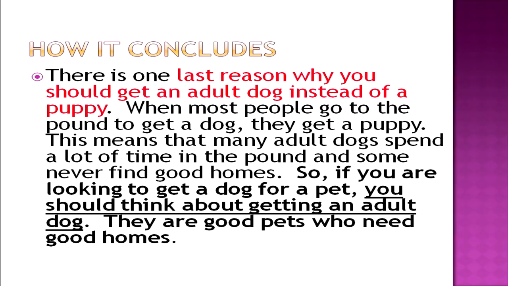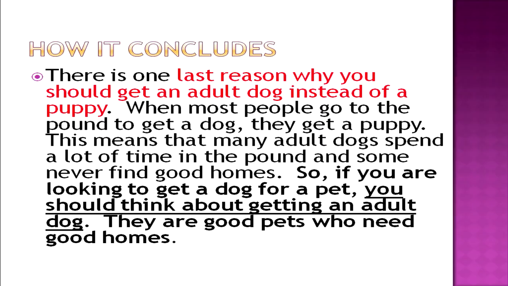And then he concludes, there is one last reason why you should get an adult dog instead of a puppy. When most people go to the pound to get a dog, they get a puppy. This means that many adult dogs spend a lot of time in the pound and some never find good homes.